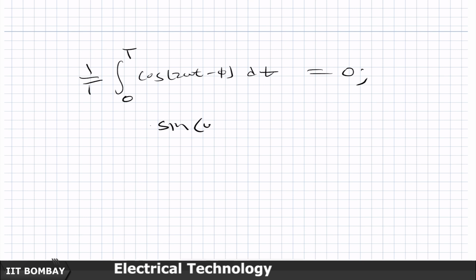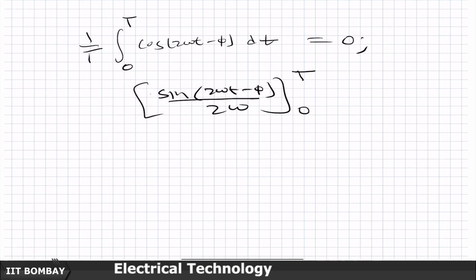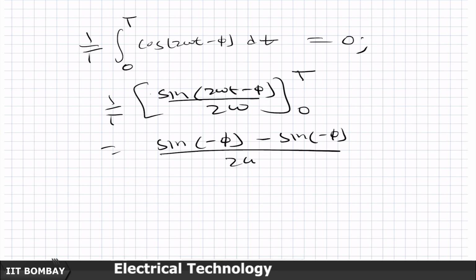This is sin of (2 omega t minus phi) by 2 omega, from 0 to T, 1 by T, but this is sin of minus phi minus sin of minus phi by 2 omega T, which is 0.